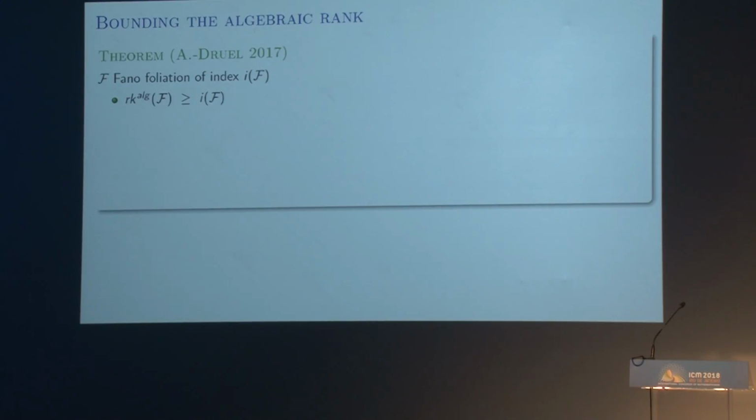Moreover, if the algebraic rank is equal to this lower bound, then we are in the case of P^n, and our foliation F is the pullback under a linear projection of a foliation with numerically trivial canonical class.